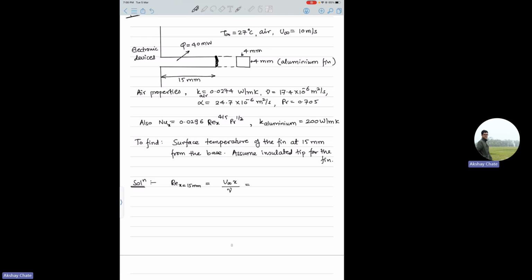So 10 into x, which is 15 mm, so 0.015, divided by 24.7 into 10 to the power minus 6.